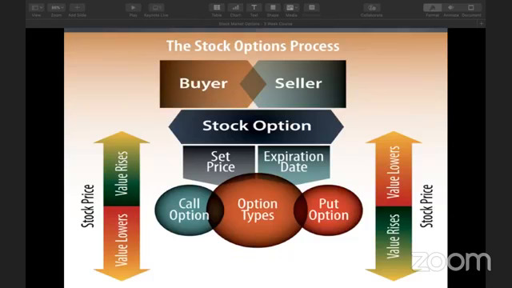The way you make money with calls is if the stock price, or the ETF price or the index price, whatever underlying asset the call is attached to, goes up, then the value of your call contract goes up. If the underlying price goes down, then the value of your call option contract goes down as well.